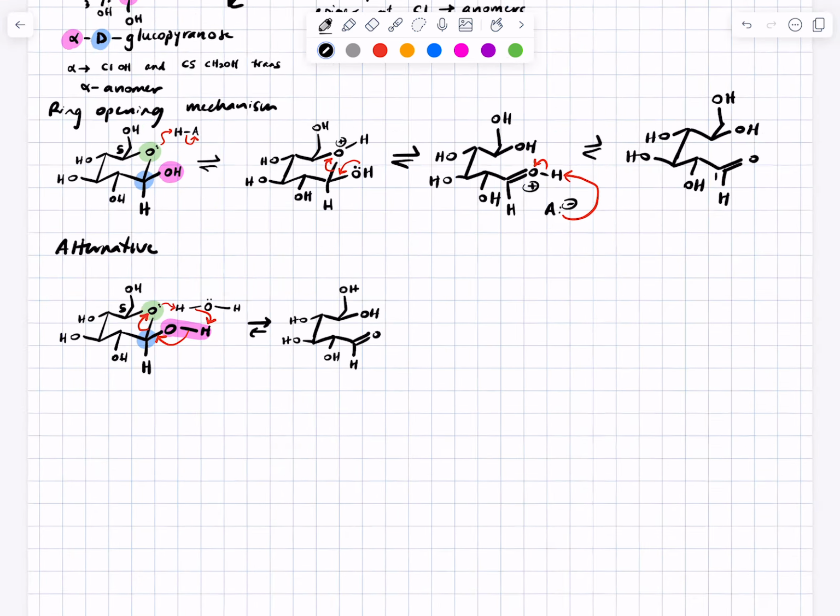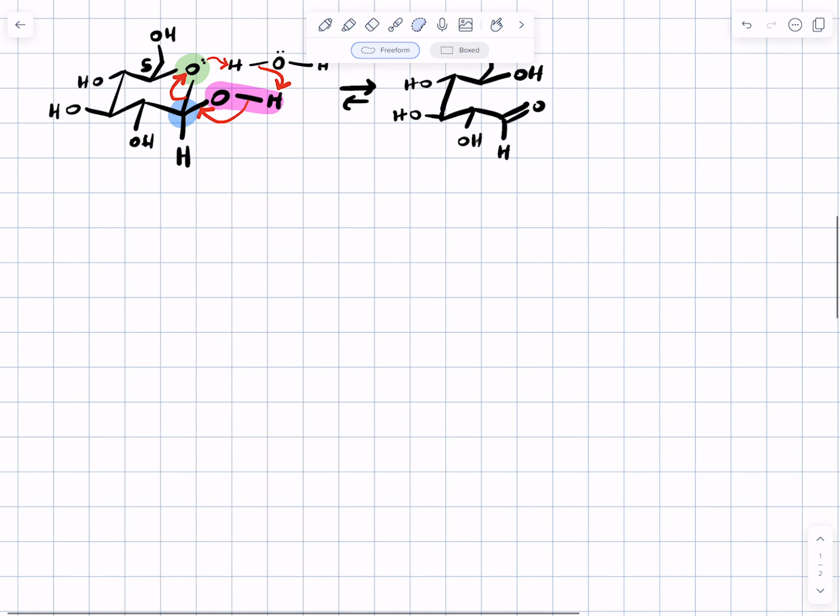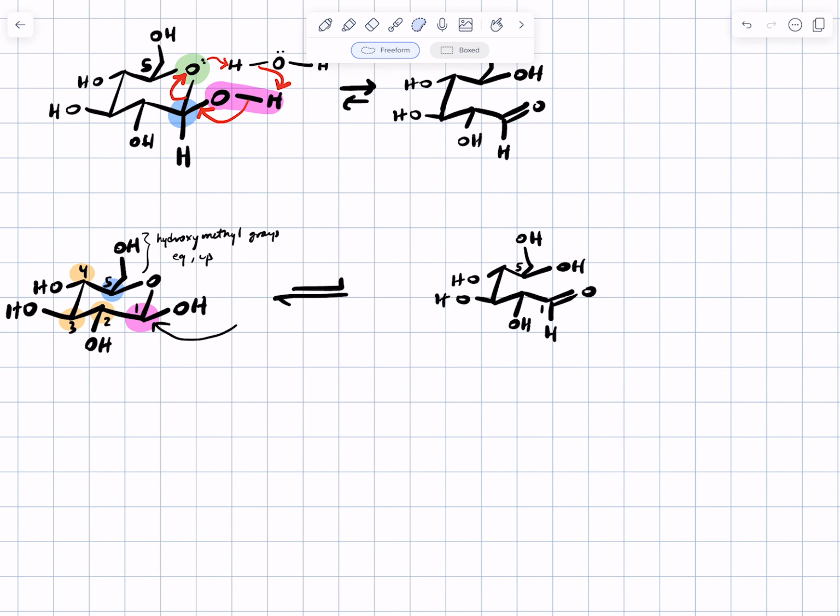So what I'm going to do now is just repeat this. I want to display it separate from that alternative mechanism. So this is ring opening. And you've seen a couple of different mechanisms for that above, so we don't need to repeat it.